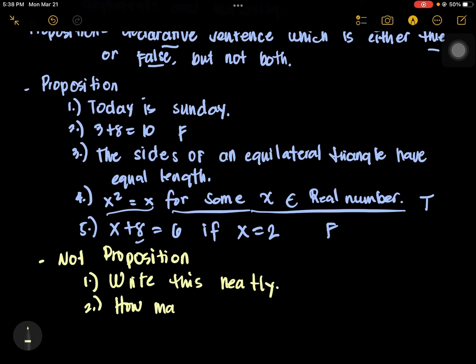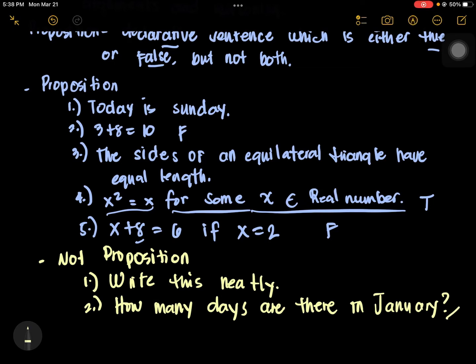Let's have this one: How many days are there in January? Okay, this is not proposition because it's a question. It's not a declarative sentence. It's an interrogative sentence. So, not proposition.